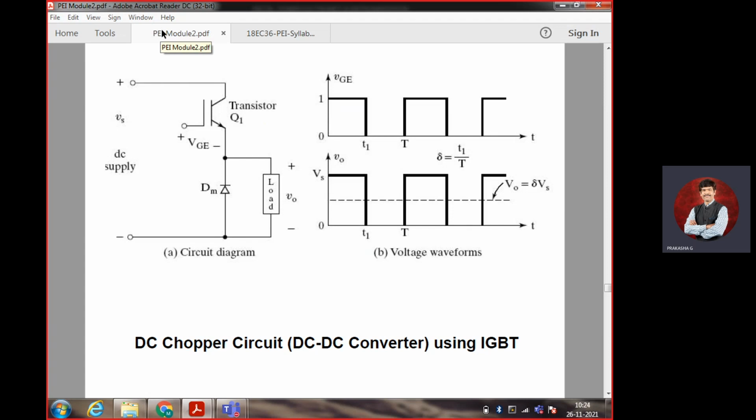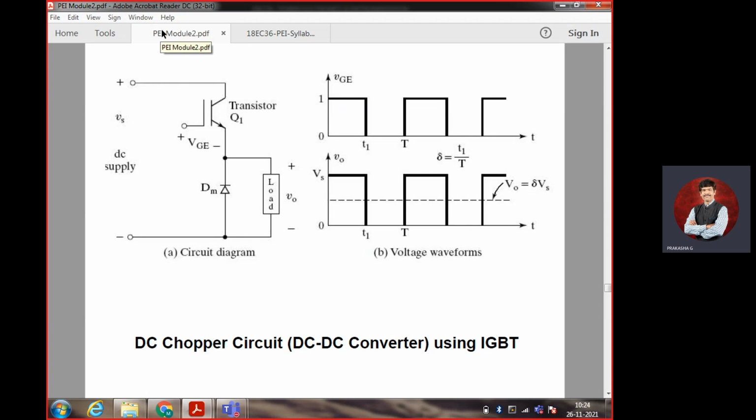Correct? Any confusion here? When the switch is closed, that is when the transistor is forward biased. When the transistor what we are using is forward biased, it is closed, and whatever the input signal we are transmitting, whatever the voltage we are having, the same voltage will appear on the load also.